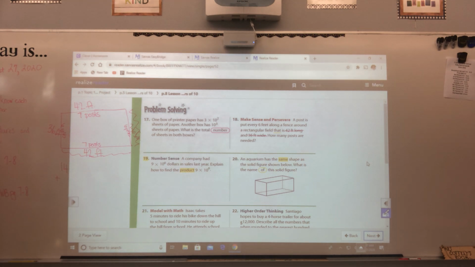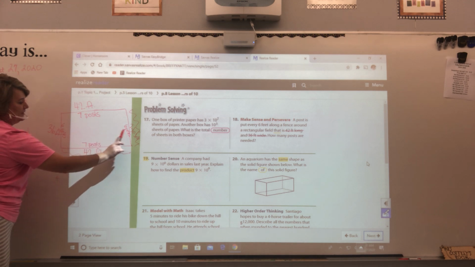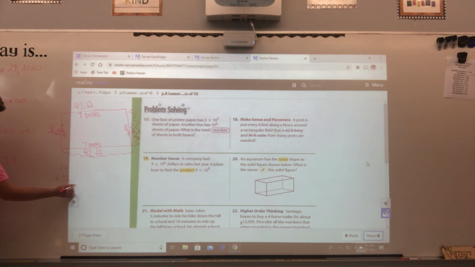Am I done? No, because my sheep would go out the sides, wouldn't they? I've got to add these two. What would 6 and 6 be, class? 12. That's 12. Now, add that together and we'll see what Hope gets.